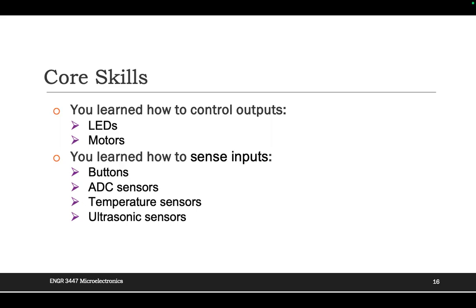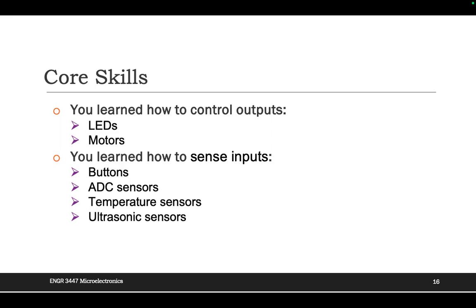You can imagine that not only LEDs and motors, you can control anything. Actually, you can control people. For the final project, you can control people with dementia. And for some systems, you can control the air conditioning. You can control anything you want through a system you build. Does that make sense to you?